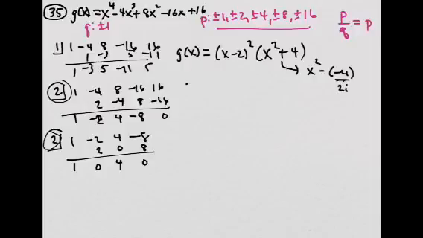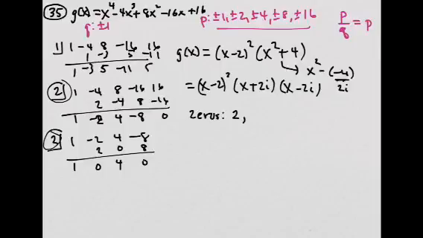So then you would rewrite it as x minus 2 squared, and then x plus 2i, x minus 2i. Okay, so the zeros are 2 and plus or minus 2i.